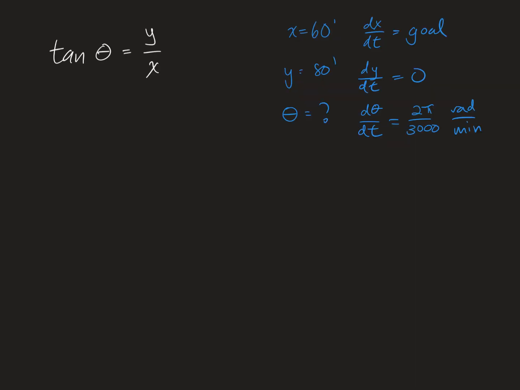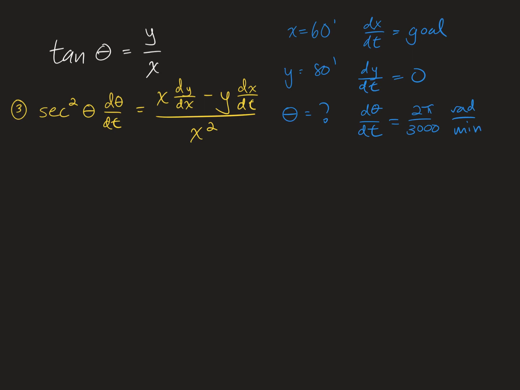So keeping the pertinent information from the previous slide, we know that tangent of theta will be y over x. And now we are ready for the derivative. When you take the derivative of the left side, it'll be secant squared theta d theta dt, which will equal the denominator times the derivative of the numerator minus the numerator times the derivative of the denominator, all over the denominator squared.